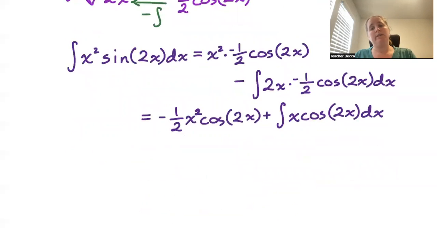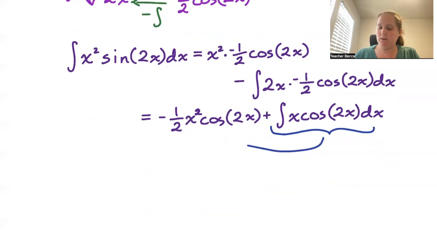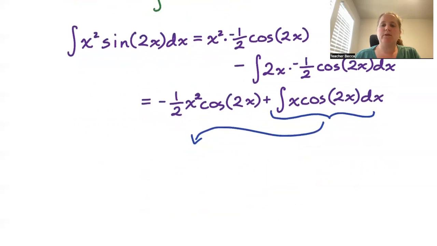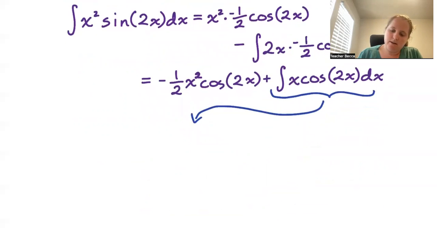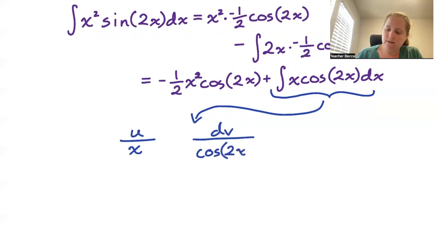This integral of x cosine of 2x dx is once again a product for which u substitution does not work. So we will run integration by parts once again. We will set u to be x, dv will be that cosine of 2x dx.